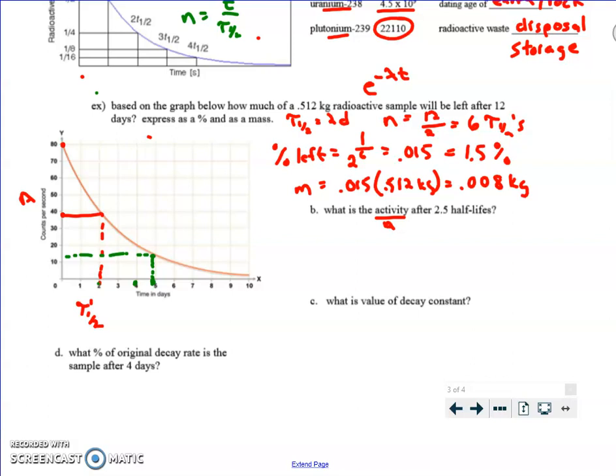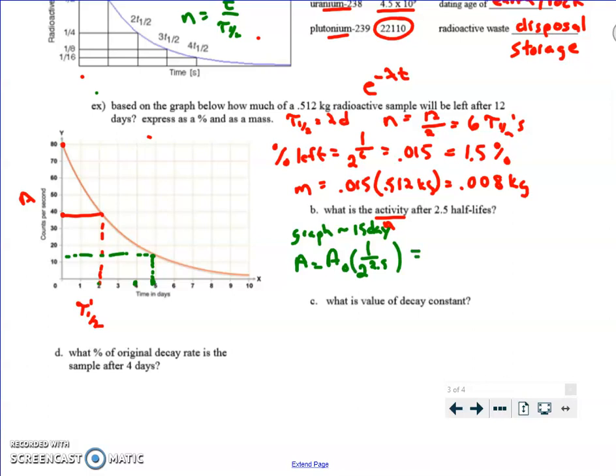So if I do it like that, I see that my 2.5 half-lives is, well, hard to tell, but it looks like it's halfway between 10 and 15. So from the graph, I'm going to show you different methods. From the graph, it's about 15 days. The other way we could do it is we can say that the activity is equal to our original activity times 1 over 2 to the 2.5, because it's 2.5 half-lives.